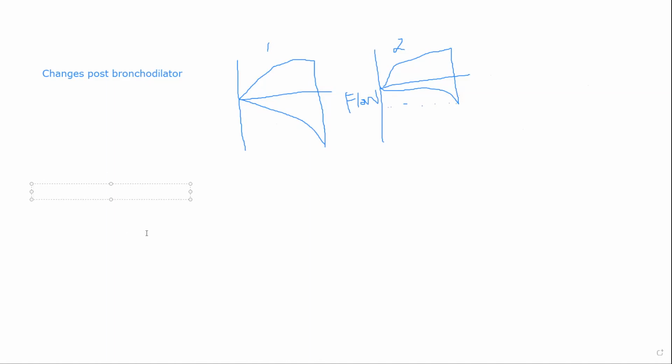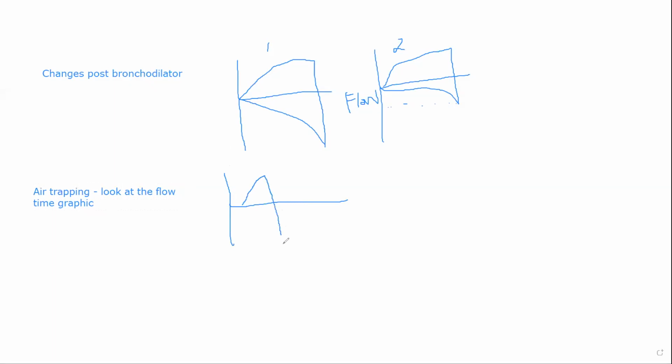Next, we're looking at air trapping. And to see air trapping, look at the flow volume loop. Nope, I said it wrong. Flow time graphic. Air goes in.